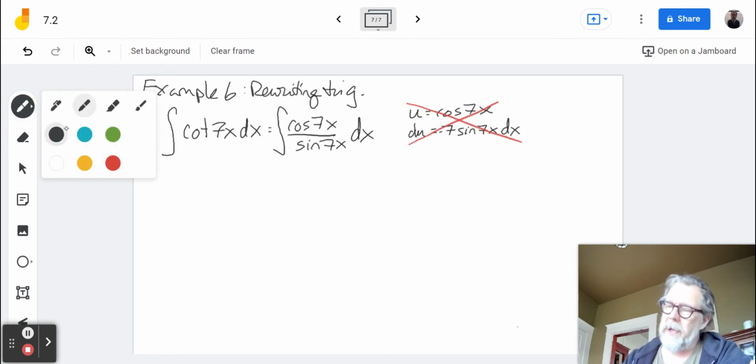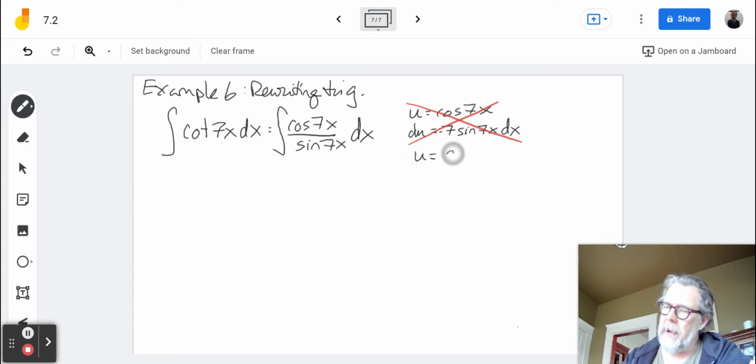And our other possibility is that u is equal to sine of 7x, giving us the differential du of 7 times the cosine of 7x dx.